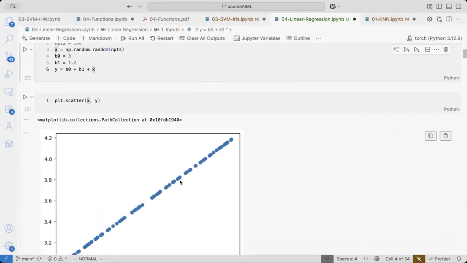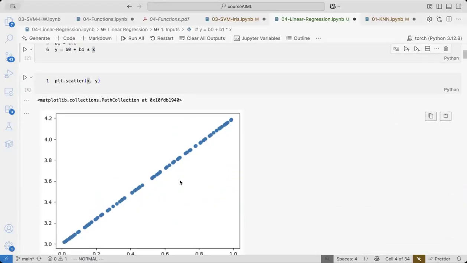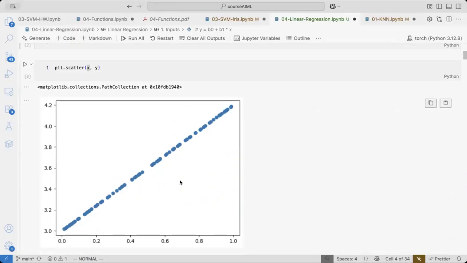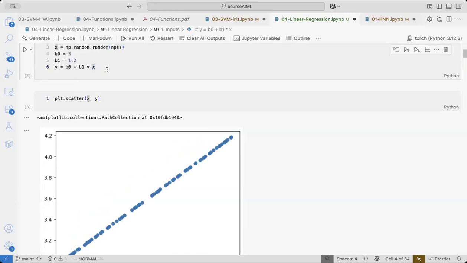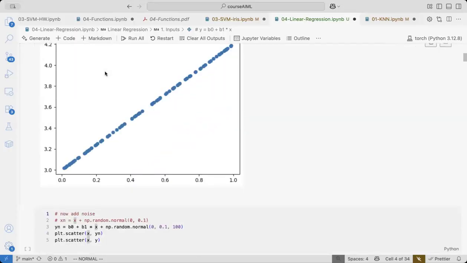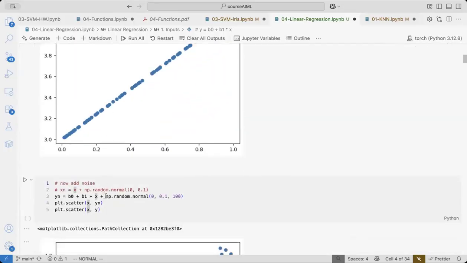Now, of course, all of these points are exactly on the line. And we're going to be talking about real world data and noise and stuff like that. The data that we get is not exactly this. There's always some noise. So when I calculate y is equal to b0 plus b1x, there's actually going to be some variation around that actual y. And the way I model that is by adding some noise to the calculated value of y, right?